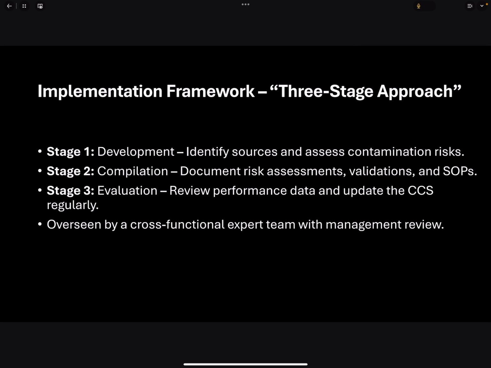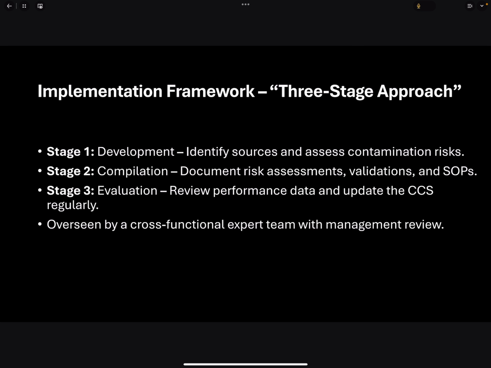So, how do we actually build and maintain a CCS? There's a simple three stage approach. Stage 1 is development, identifying contamination risks and defining preventive measures. Stage 2 is compilation, putting together all supporting documents like risk assessments, validations, and SOPs.